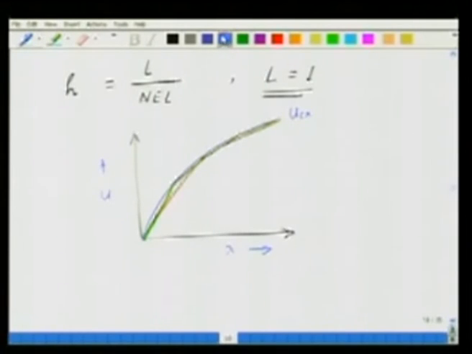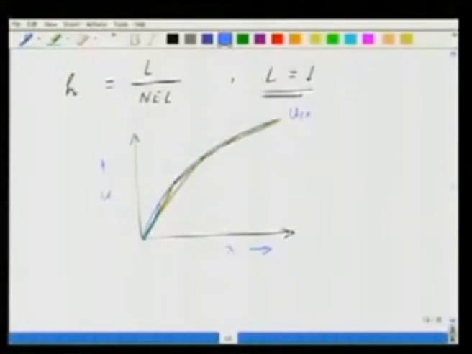I will make it with blue again. You can see that essentially what will happen, your solution will keep on coming closer and closer to the exact solution, and as the number of elements is increased, your approximation does very well. This is true for any of the boundary conditions you take.